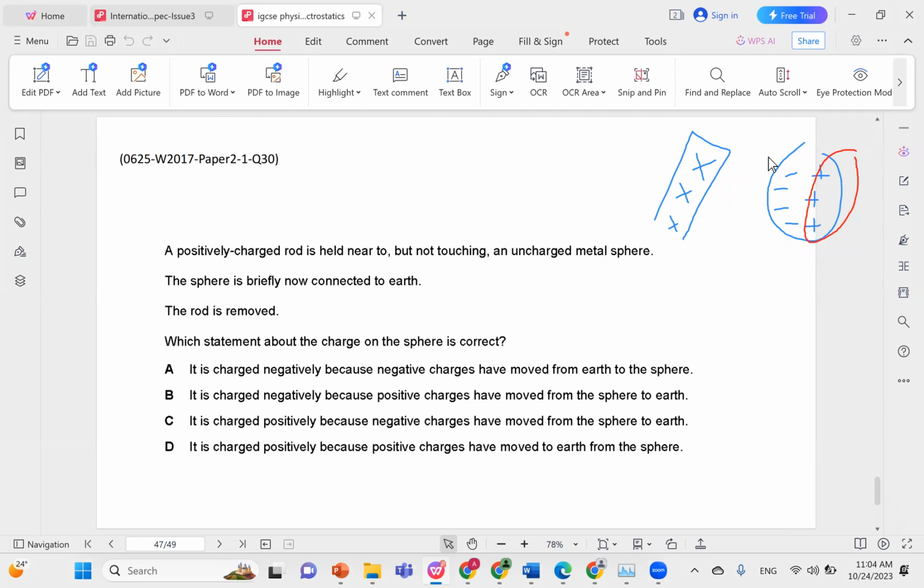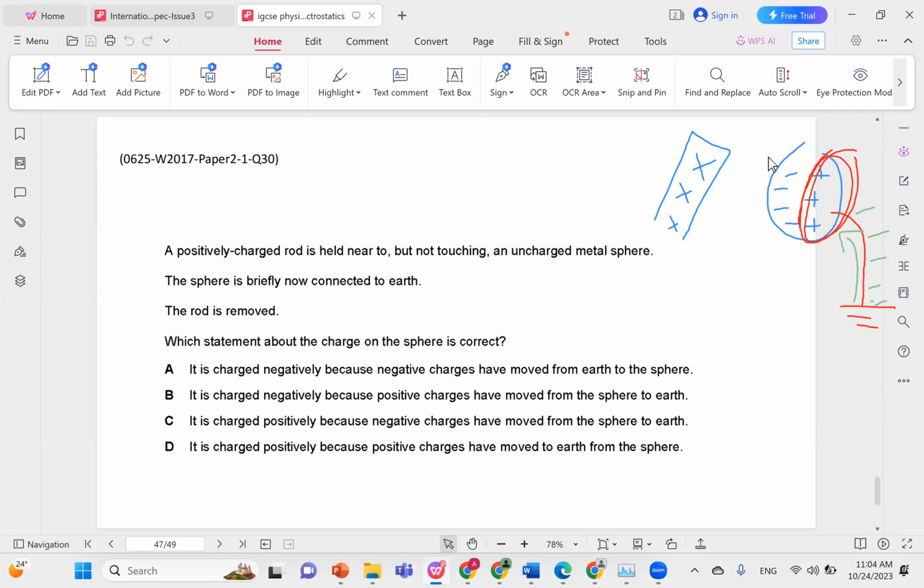Now, if I connect to the Earth, what happens? I have a very high concentration of positive charges here, and they will attract electrons from the Earth, which will move towards the sphere. So the sphere will attract electrons from the Earth because it has greater positive charge closer to the Earth wire.